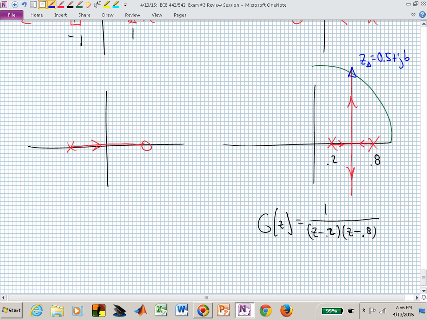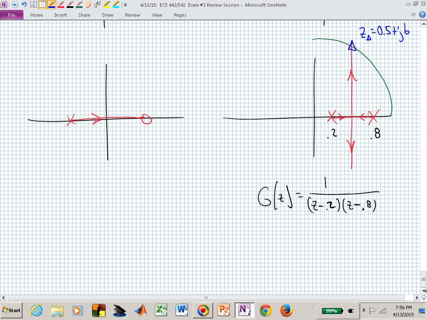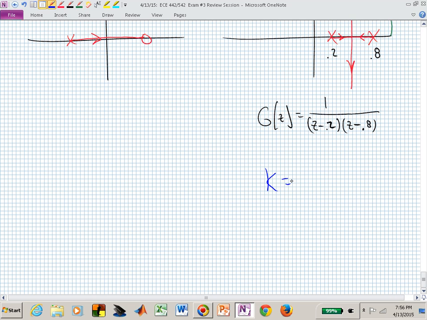Once you know B, now from the magnitude condition, you know that K is the magnitude of z minus 0.2 times z minus 0.8. You can evaluate that at 0.5 plus jB. And that's your gain, the maximum gain K for stability.